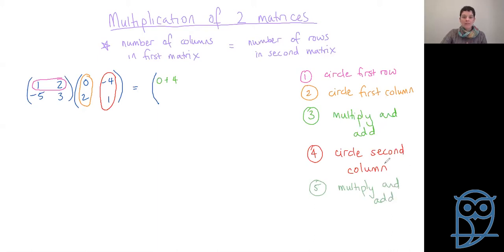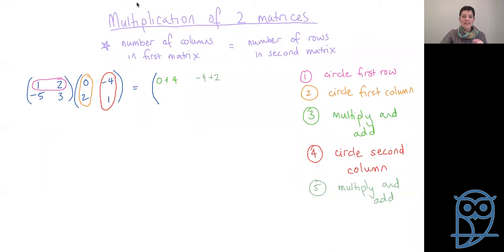Same idea. But now, see how we've done 1 on the left. Now we're doing 1 on the right. So we move to the right. 1 times minus 4 is minus 4. 2 times 1 is plus 2. So now we've got two numbers in our new matrix.